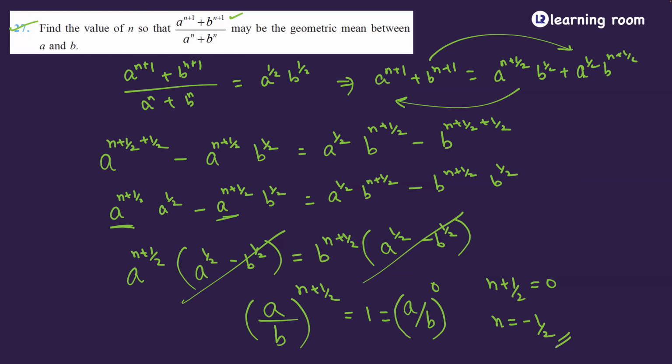Next one, how are you supposed to do? What is the question? Some of the two numbers, they've given the two numbers. Okay, there are two numbers. Sum of the two numbers is, so A plus B is equal to 6 times root AB.